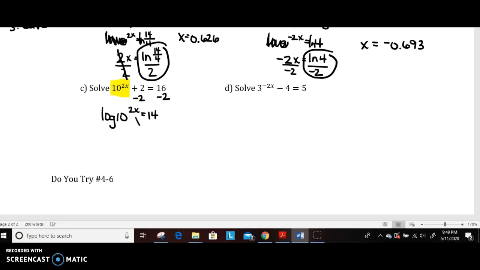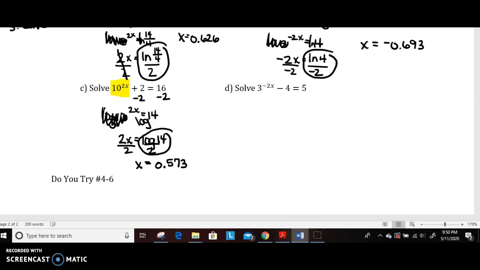Got to do it to both sides though, because when I do that, my bases are the same, so they cancel out. So I have 2x equals the common log of 14. And then I can divide both sides by 2. I'm going to put this into my calculator. And I should get 0.573.